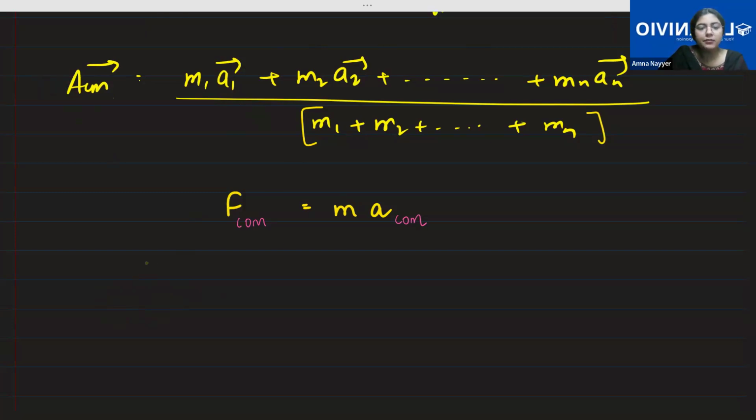m1 plus m2 plus m3 up till mnth can be written as capital M, that is, the total mass of the system.